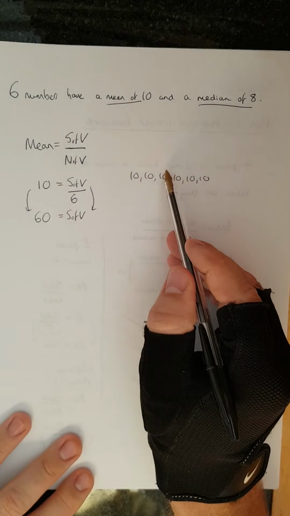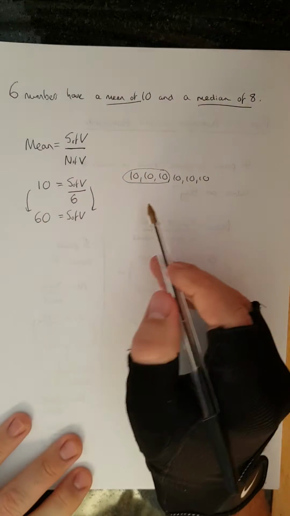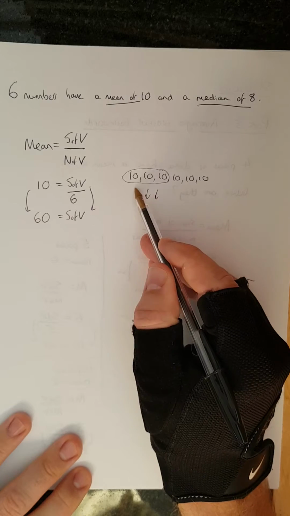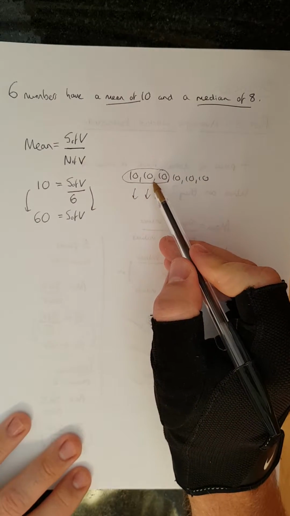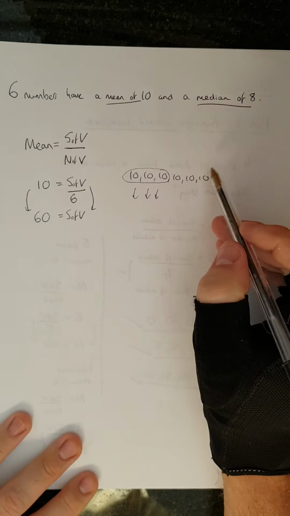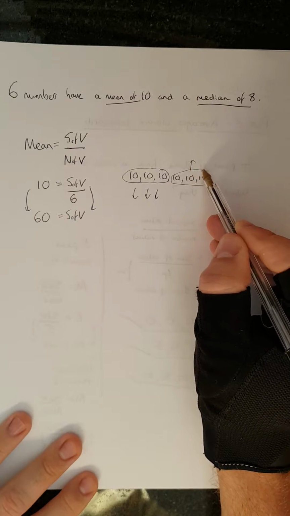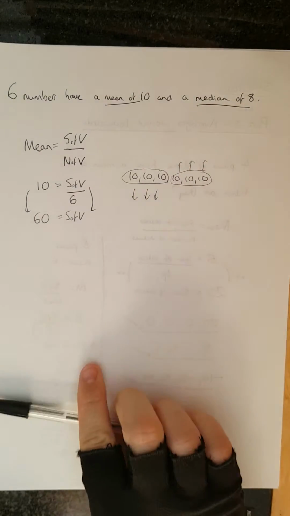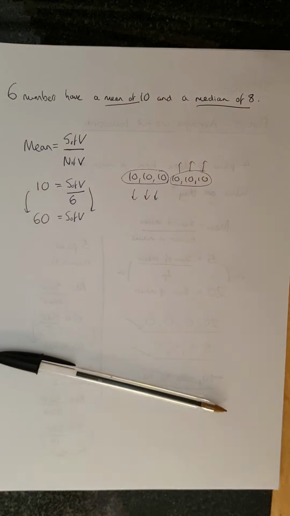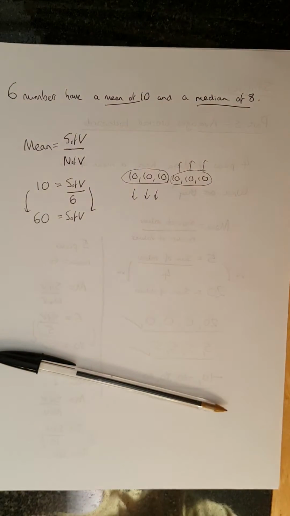So some of my numbers are going to have to go down. If they go down, will the sum still be 60? No. So some of my numbers might have to go up. Pause the video now, take a minute and come up with some sets of numbers for yourself.